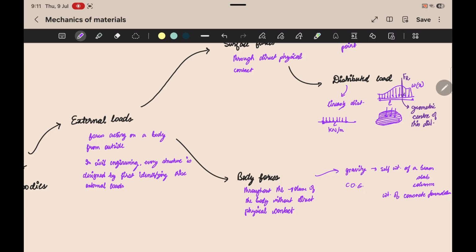All these body forces work at the center of gravity. This is one more difference. In one part we have the surface forces, which act at the geometric center of this distributed load, and in the other we have the body forces, where this acts at the center of gravity of the body.